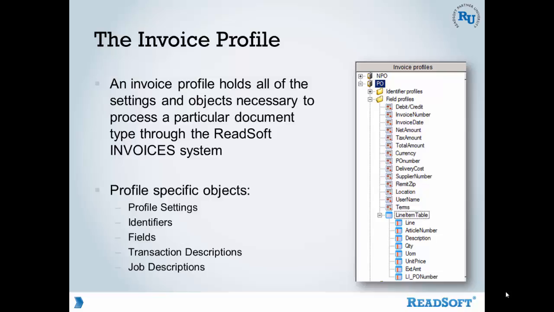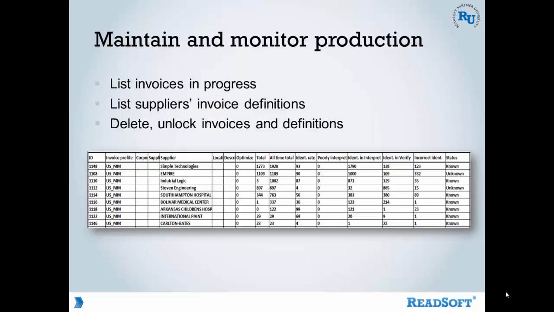ReadSoft INVOICES will read all characters on the invoice to locate, extract, and validate the data. For the field invoice number, the system is instructed to look for titles such as invoice, invoice number, INV, NBR, and so on. Titles can be removed and added as needed to accommodate a wider range of supplier invoices. ReadSoft INVOICES does not utilize true templates and fixed positions to find data.